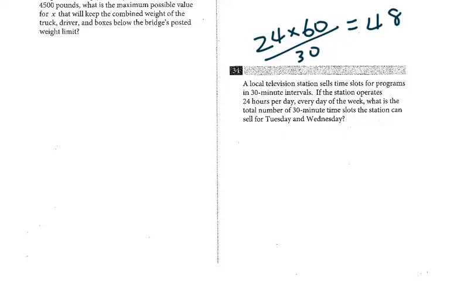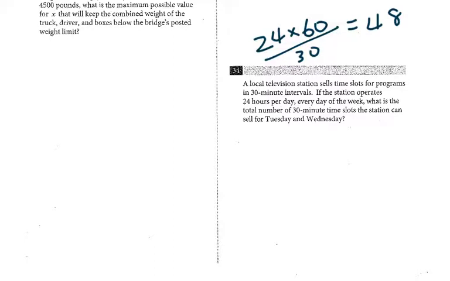Question 34. A local television station sells time slots for programs in 30-minute intervals. If the station operates 24 hours per day, every day of the week, what's the total number of 30-minute time slots the station can sell for Tuesday and Wednesday? 24, that's hours. We need to change into minutes by multiplying by 60.